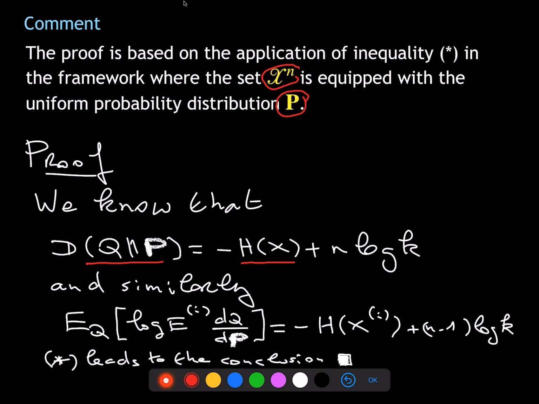And we have the fact that the expectation under Q of the log of the conditional expectation of dQ over dP is simply equal to minus the Shannon entropy of X^[i] plus n minus 1 times log k.